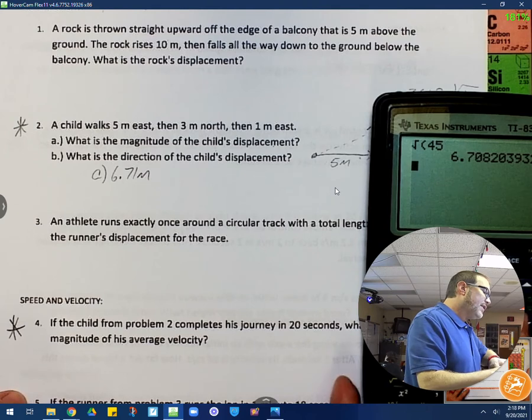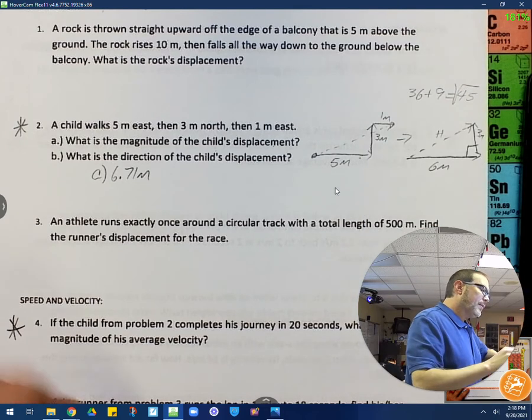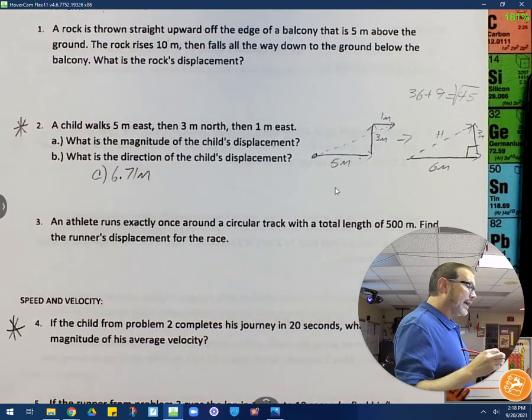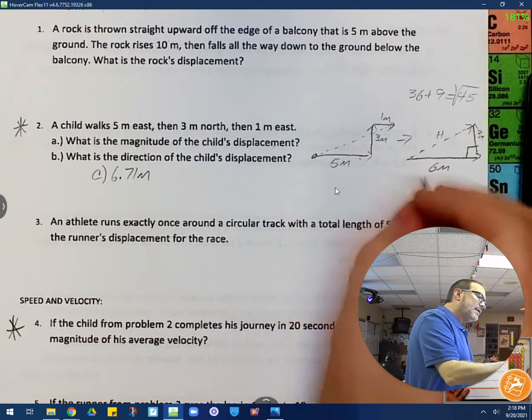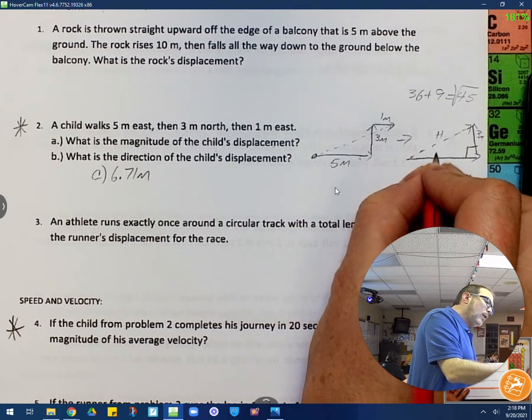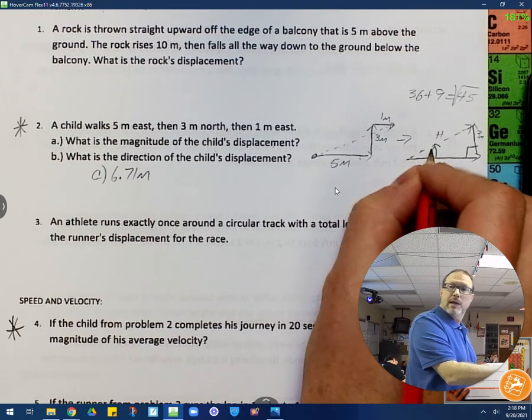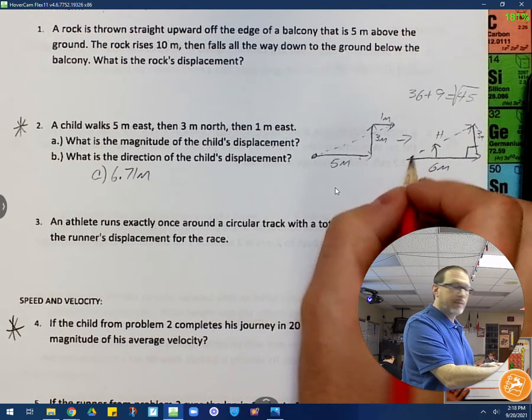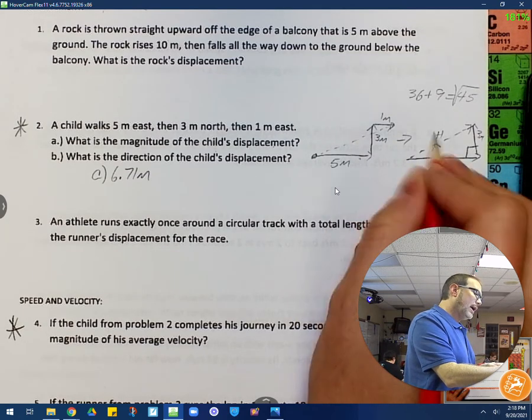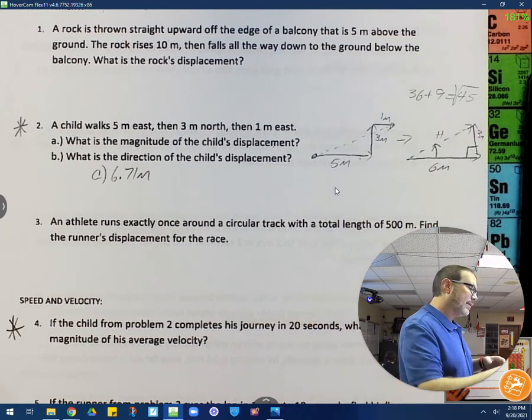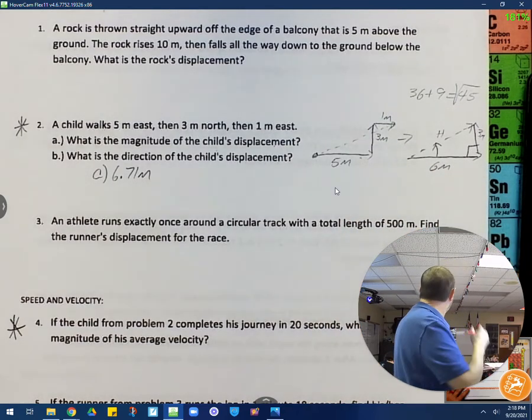Now, what's the direction of the child's displacement? So here, what I'd like to do is find the angle that we're making there, going up from my x-axis. How can we find that angle? There are lots of different ways. What do you guys want to do?